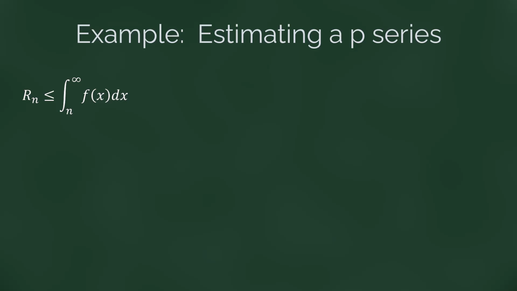So we have two formulas we can now use. We know that the remainder, r sub n, is always going to be less than or equal to the integral from n to infinity of f of x dx. We can use this to find values of n so that our remainder is less than or equal to some given value.